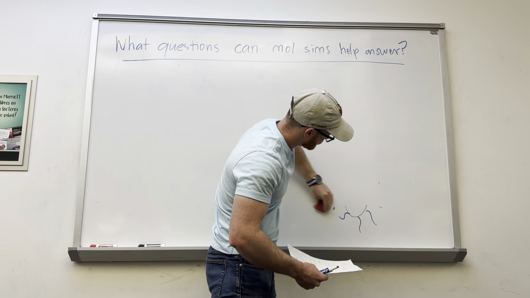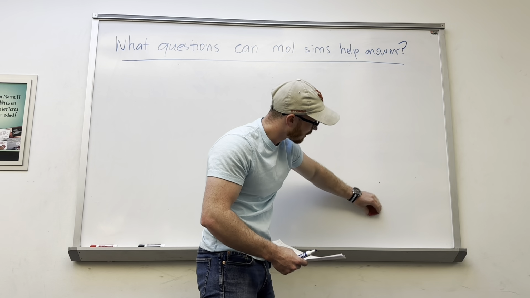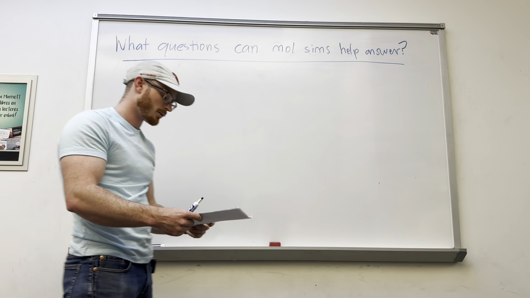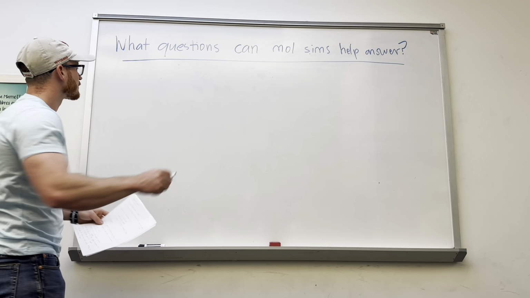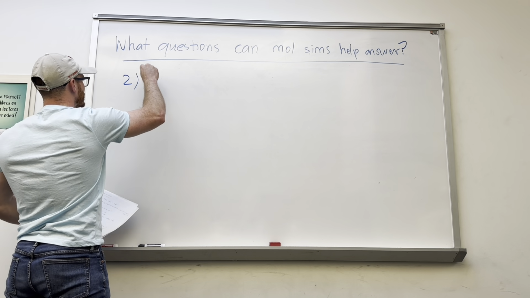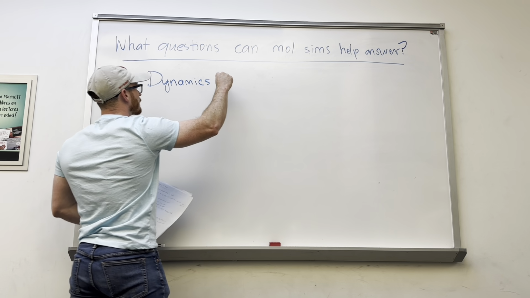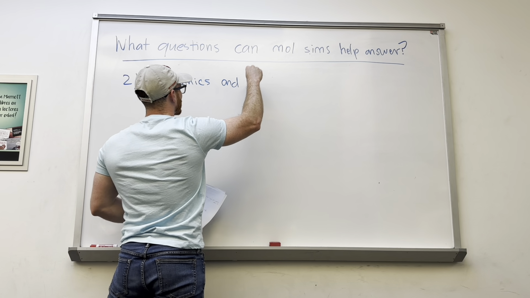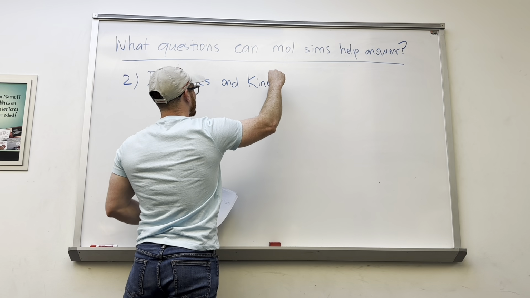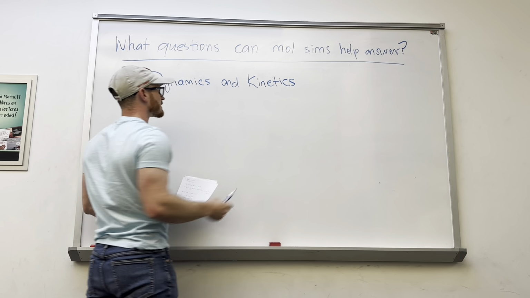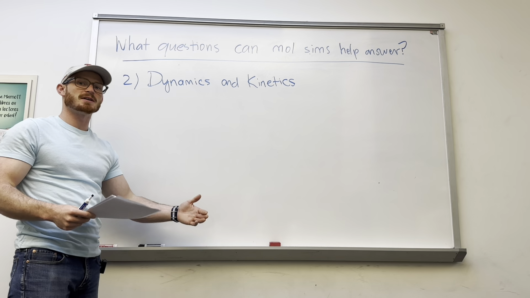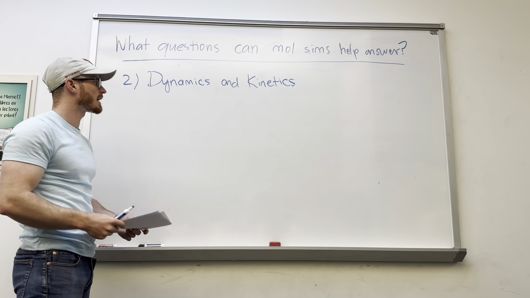And we're going to get into the distinction a bit later, but I just want to give this broad overview to motivate the problem. The second question we can look at is dynamics and kinetics. And in layman's terms, this is essentially how fast do things happen and how do they happen in time.